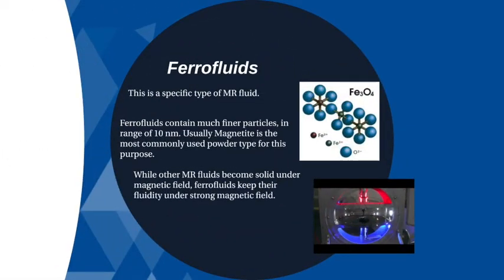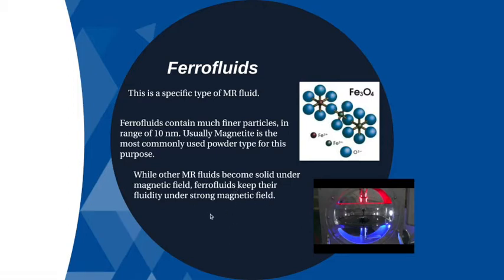So the example is ferrofluids, a specific type of the magnetorheological fluid, and usually it's from this picture. This is called magnetite. Usually it's a powder. So you have the powder, you have the oily part, and you can get the ferrofluids, and it's quite strong.